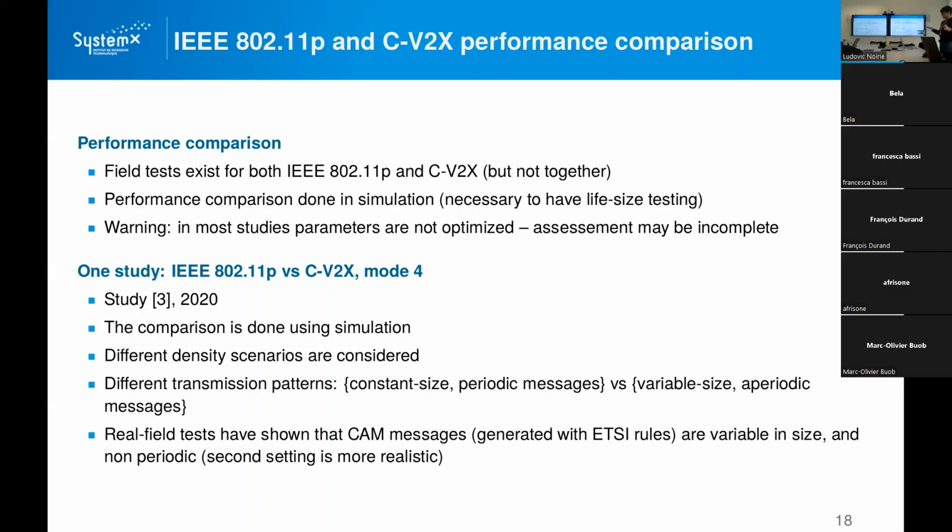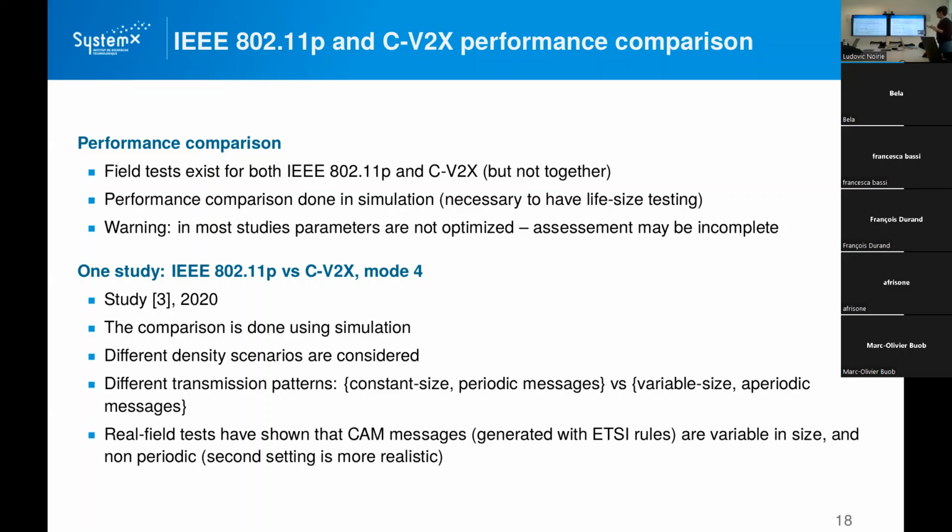And so there is this big dispute on whether actually one is better than the other. So you need to compare the performances. So this is hard, very hard. The first reason is that field tests, you have them, but you have them for one technology or the other. They're usually small, and so you get results that cannot be put side by side to decide which one wins.